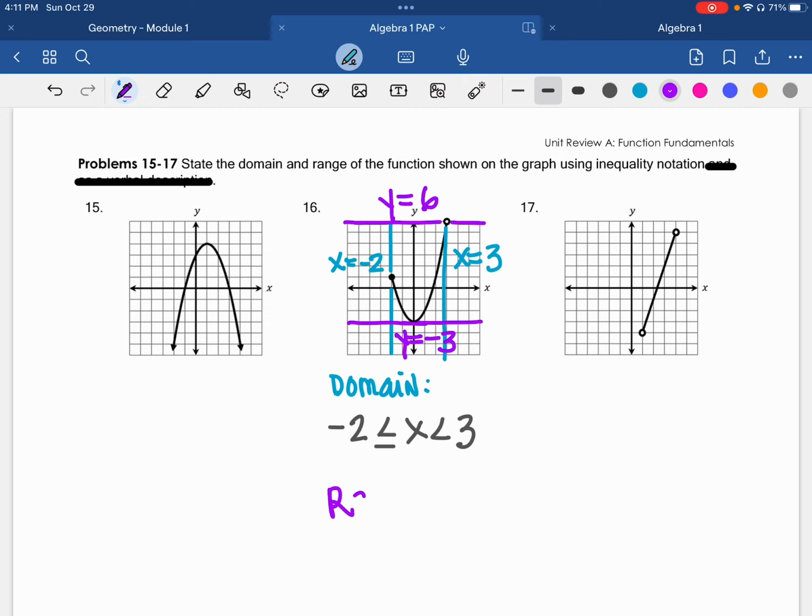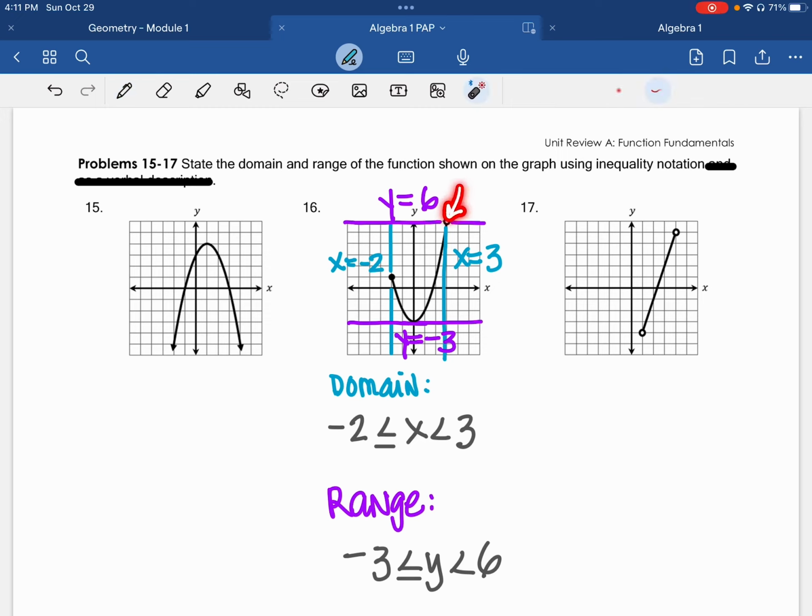So for my range, I'm going to go ahead and say -3 less than y less than 6. Since my floor is a continuous part and it is going to be closed, I'm going to say less than or equal to. Since my point at 6 is an open circle, I'm going to leave it as less than.